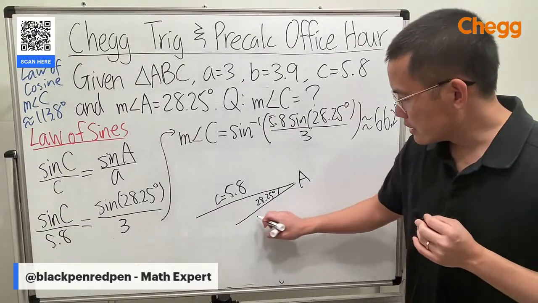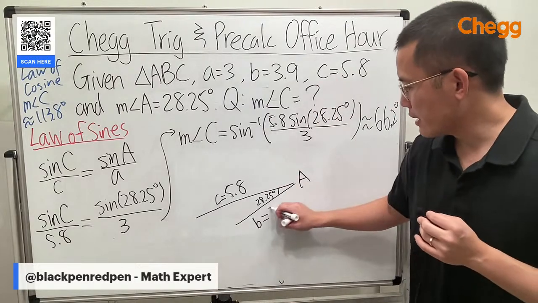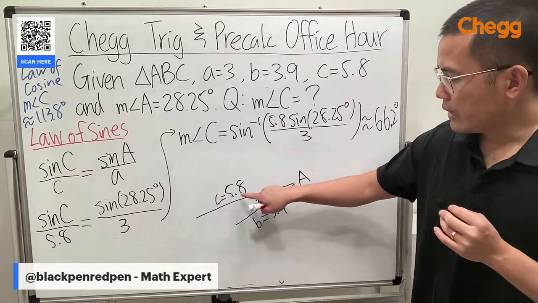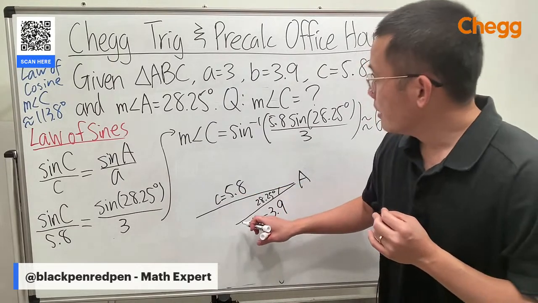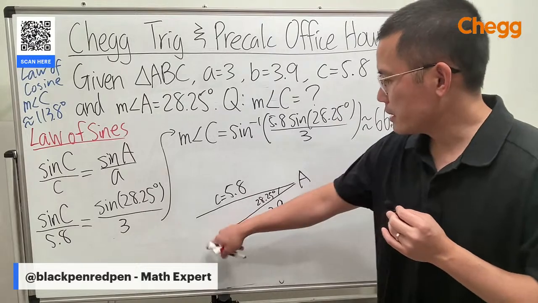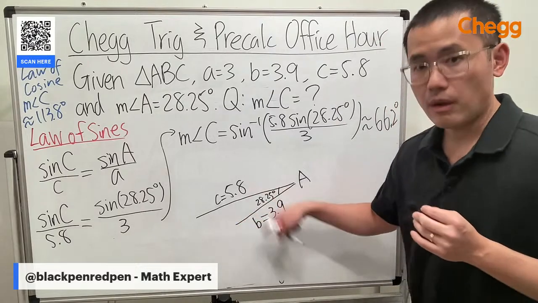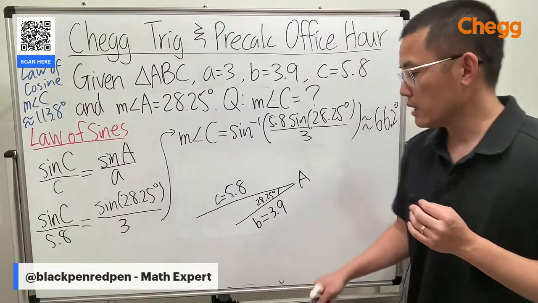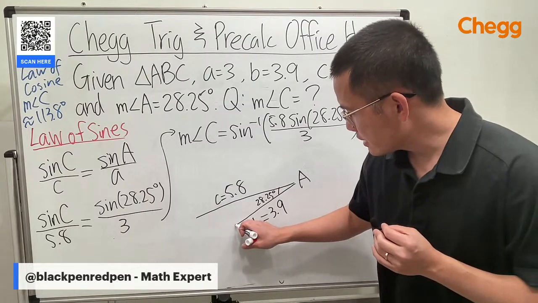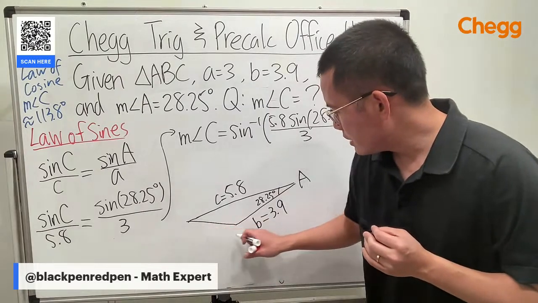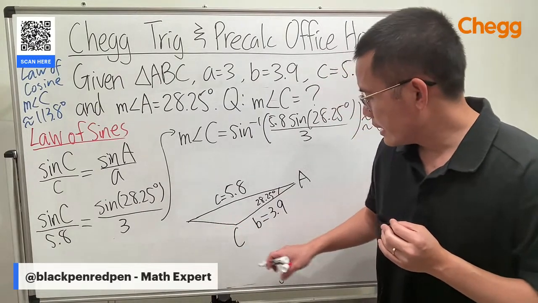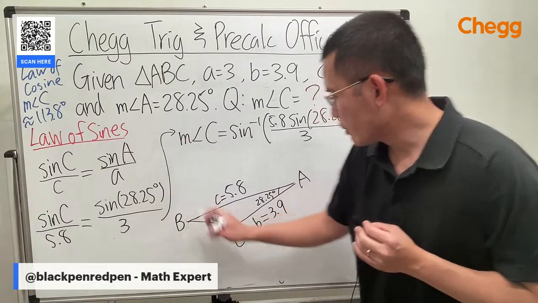And I'm going to say this is little B, which is 3.9. So we have this right here so far. And the side B we don't know, but based on this, we can draw a triangle like that. And then I'm just going to connect it like this. This right here will be angle C. And then this is angle B.